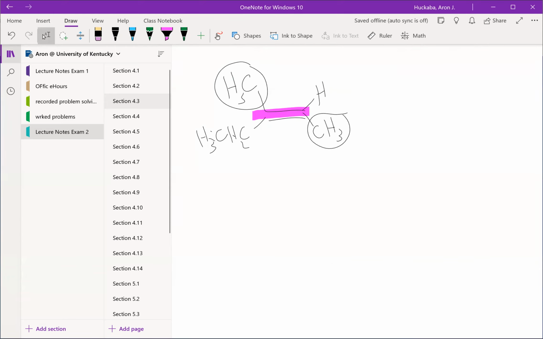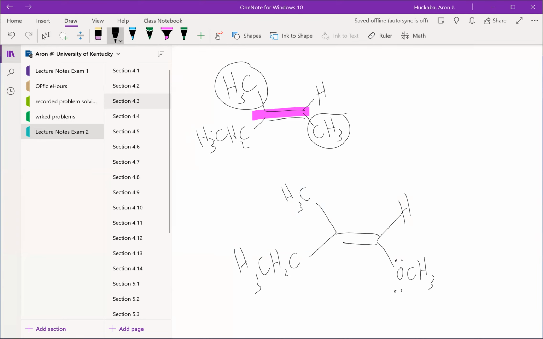Because now, let's say for instance, we're trying to name this molecule. We have an ethyl group and a methyl group on one side. On the other side, we have this oxygen-containing group here.